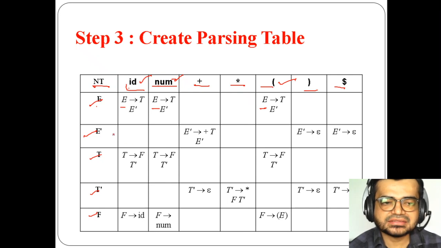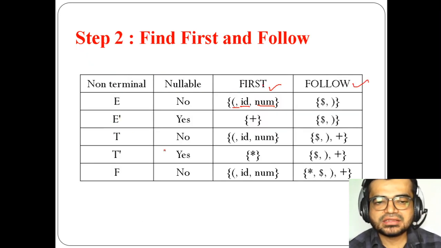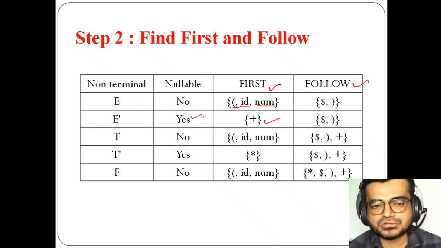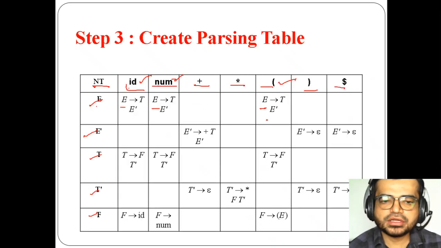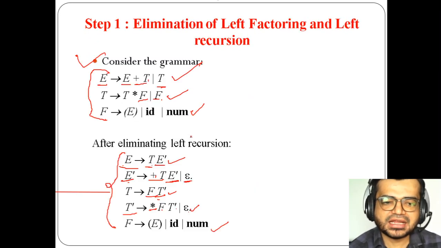Now going to the next line, E dash. In E dash there are 2 things. The first is the symbol plus, which is first, and it is also nullable. Nullable means epsilon comes, right? So first we will see for plus. Where is plus? In this production of E dash.